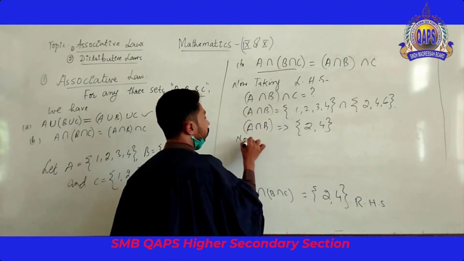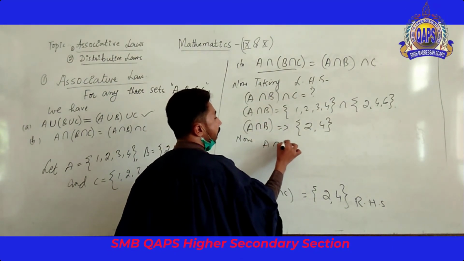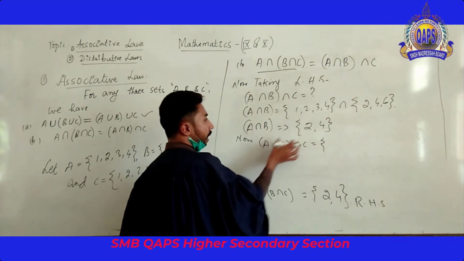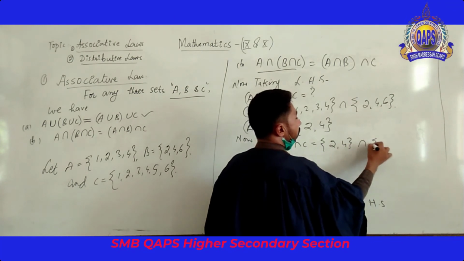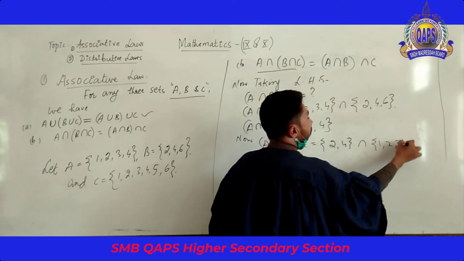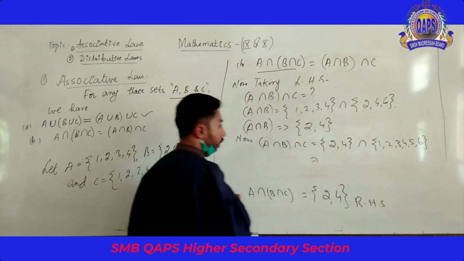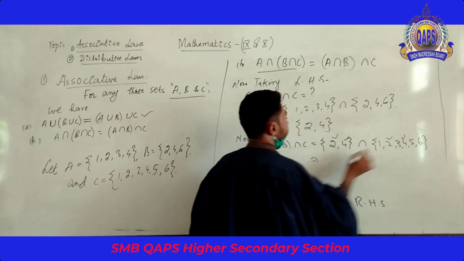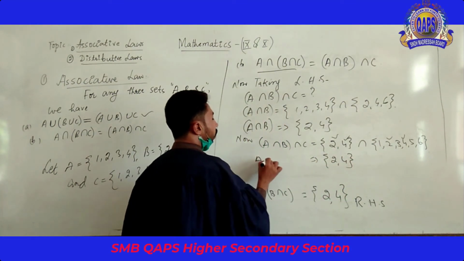Now we prove the whole left hand side, (A intersection B) intersection C. The whole bracket contains two elements, 2 and 4, and C contains 1 to 6 elements. In these sets only two elements are common, 2 and 4. So 2 and 4 is our answer.